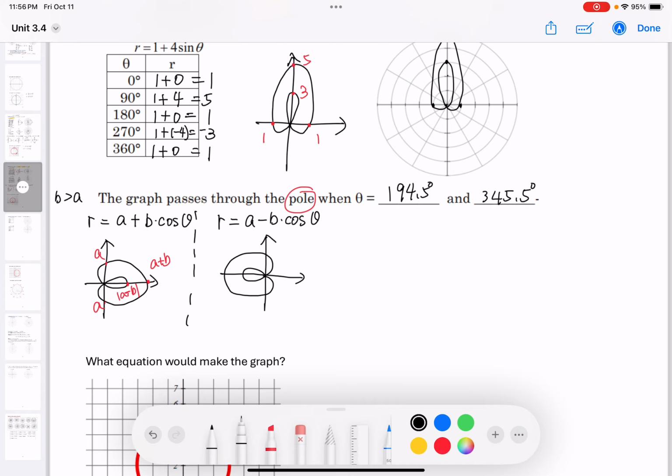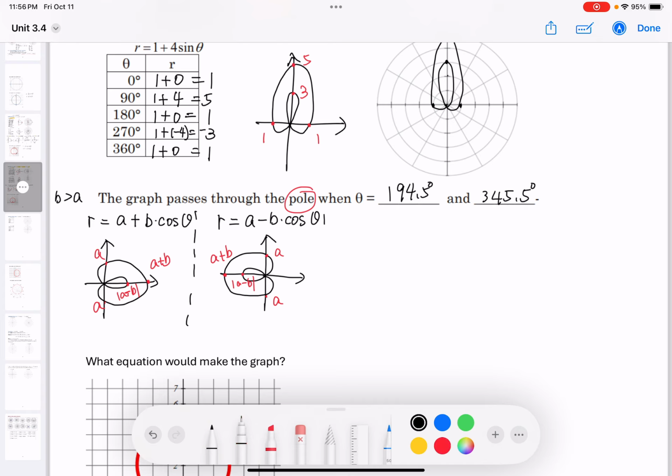And then let's put the important information here, a and a. So the inner loop here is the absolute value between a and b, and here is a plus b.